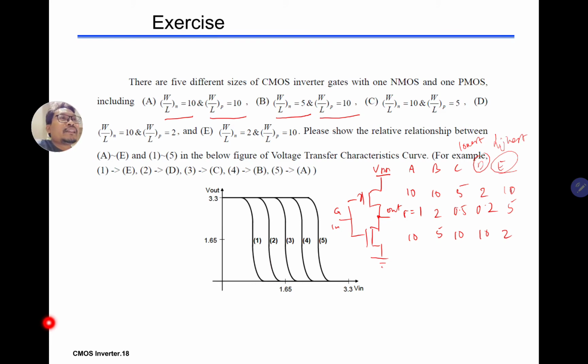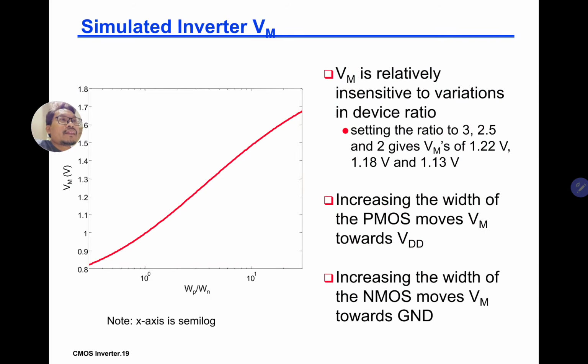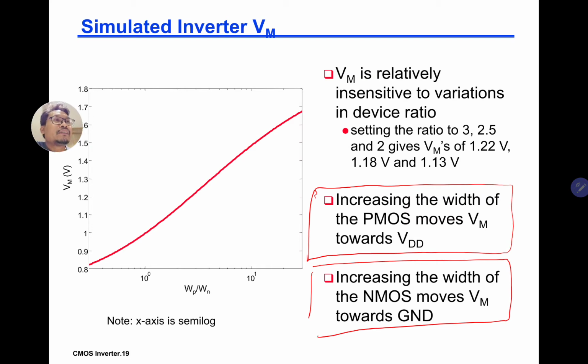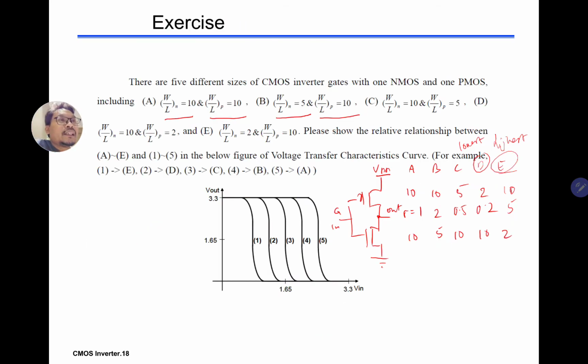If you go to the next slide, it says that increasing the width of the PMOS moves the VM towards the VDD, and increasing the width of the NMOS moves the VM towards ground. So let's see what happened here. The biggest ratio will move your VTC towards VDD, so here is actually your E. The smallest ratio is D. If you have a bigger NMOS, it will move towards the ground.